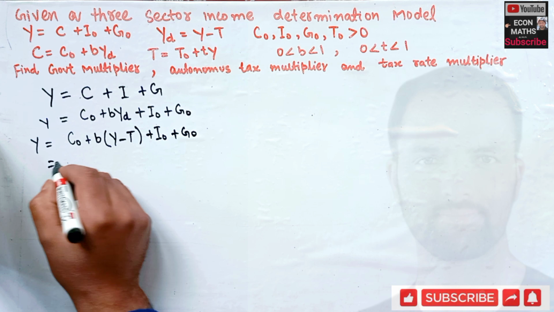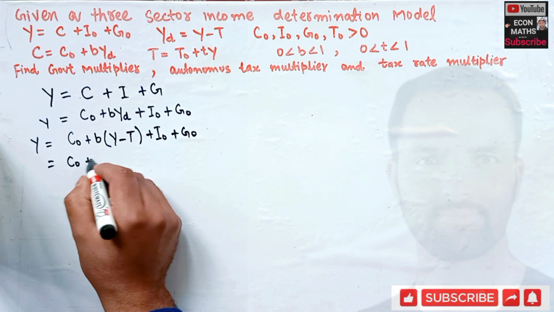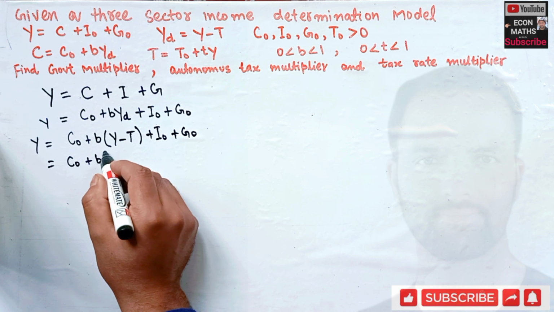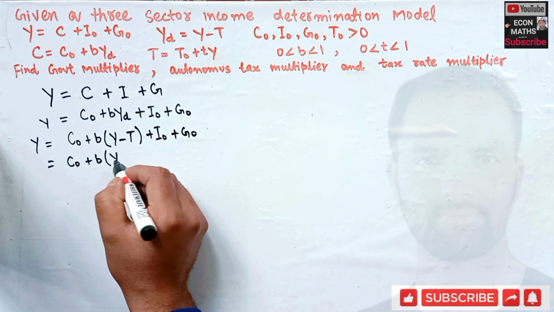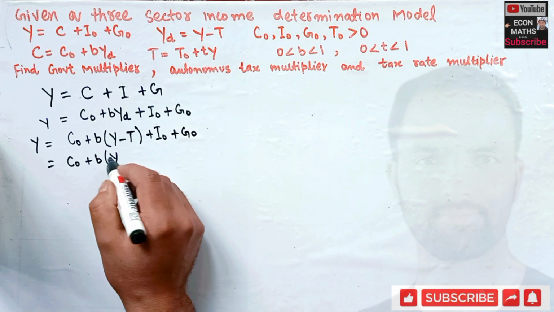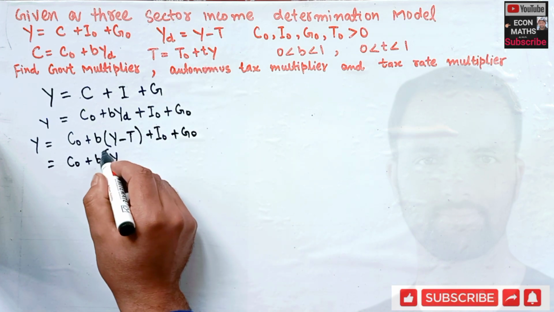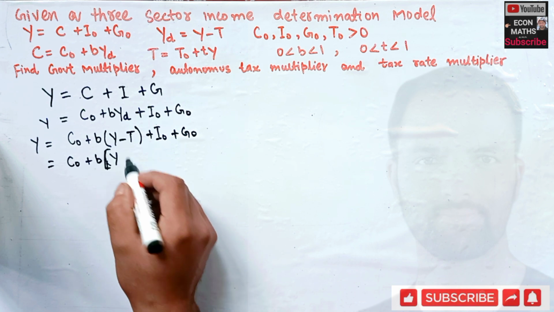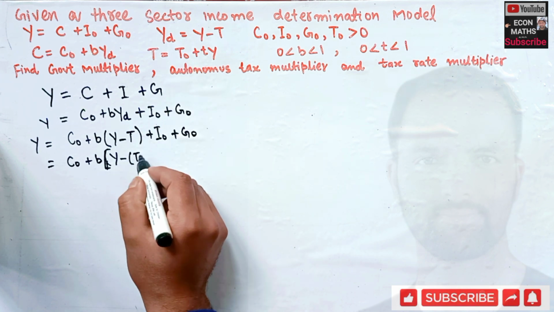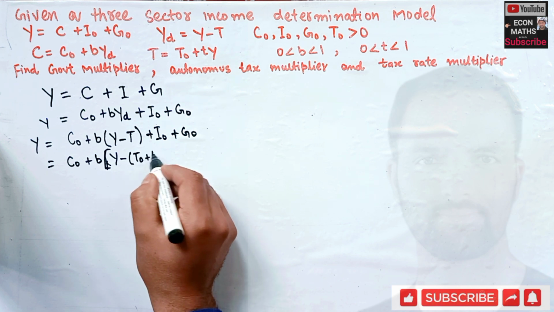Okay, and solving further we have C naught plus B, then we have Y minus T, and T is equal to T naught plus TY. So in place of T, let me draw this long bracket here, in place of T I will write T naught plus TY.